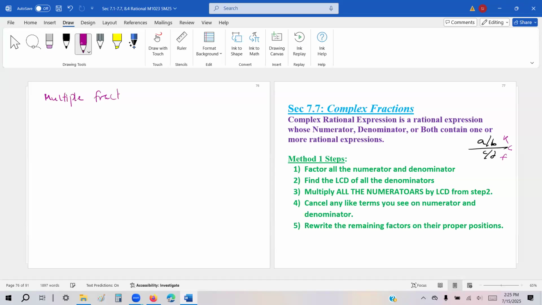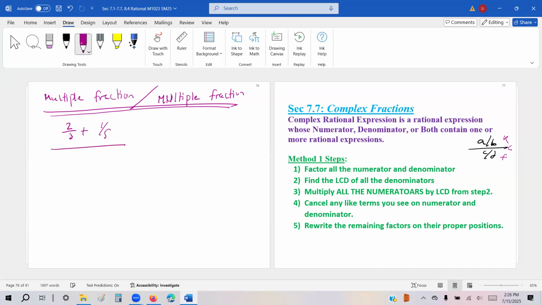multiple fractions divided by multiple fractions. For example, let's say you have 2/3 plus 1/5 divided by 1/7 plus 2/9.